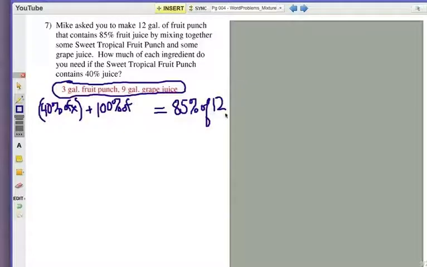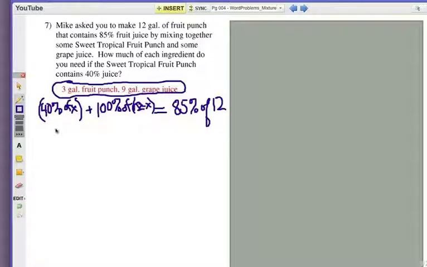We want 12 gallons altogether. If the first container is X, then we've got to call this 12 minus X. That's 12 minus X. First container is X. Second container is 12 minus X because we want the total mixture to be 12 gallons. A little twist on that one.